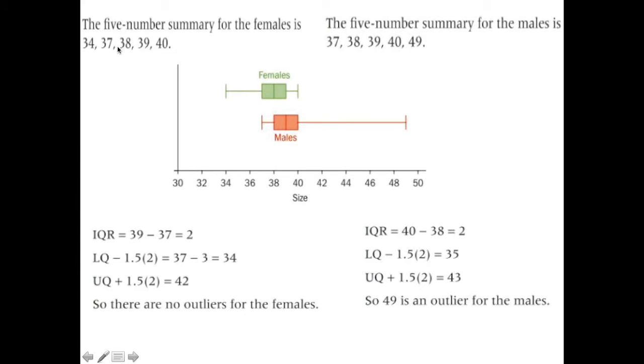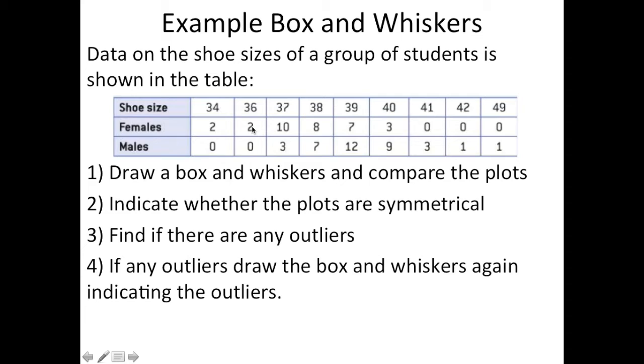To find Q1, Q2, Q3, guys, remember that we have to find the positions. To find Q1, to find the position, guys, you have to do n plus 1 divided by 4. Okay? So, we have a total of 32 girls, right?